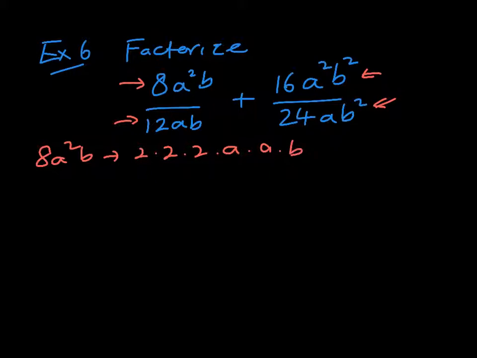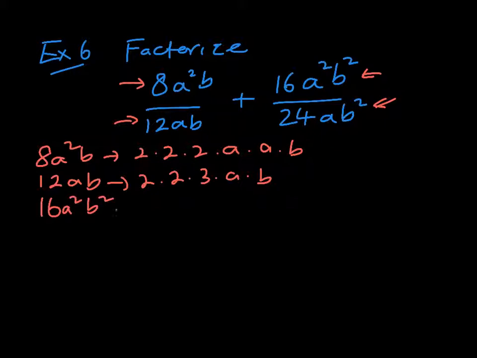What about 12ab? 12ab, the factors are 2 times 2 times 3 times a times b. Okay, what about 16a²b²?